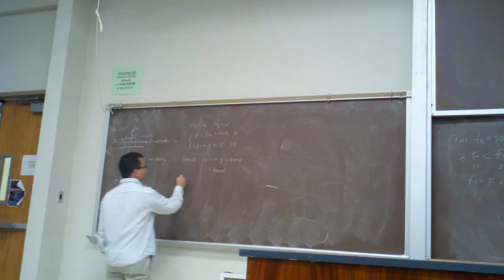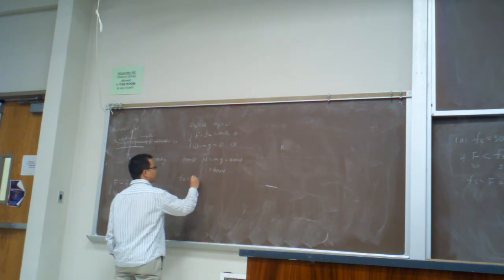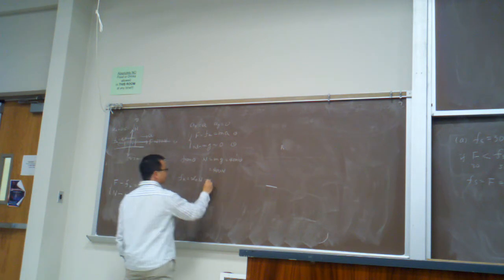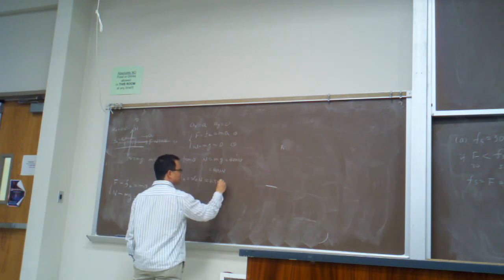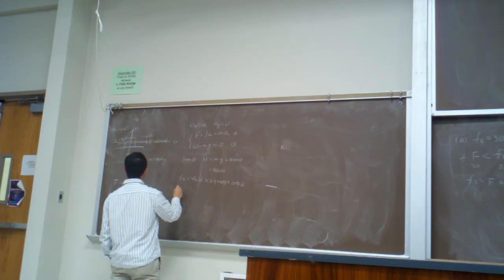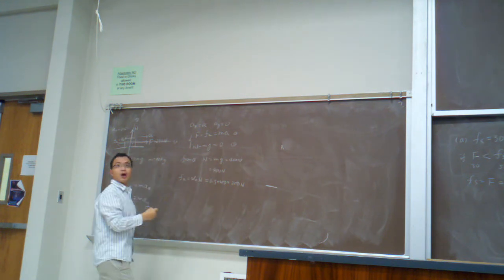Okay, and then fk, in this case, should be mu k N, so equals 0.5 multiplied by 400 equals 200 Newton. And then the acceleration can be calculated from equation 1.